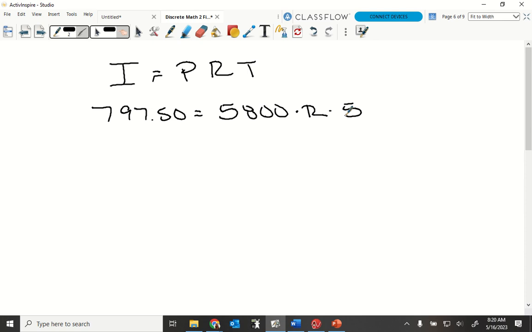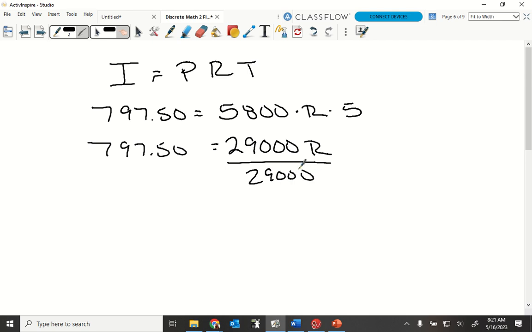So let's multiply a couple of these things together. 5 times 5,800 is going to give me 29,000. R is equal to 797.50. To get R by itself, I'm going to divide both sides by 29,000. Multiply those out for me, please. I'm hoping you guys got calculators.